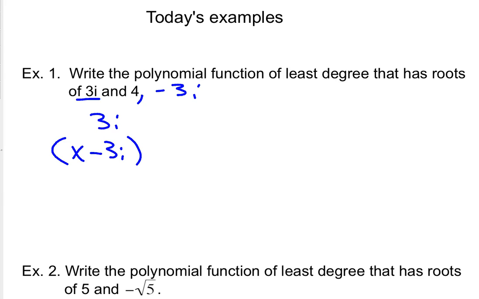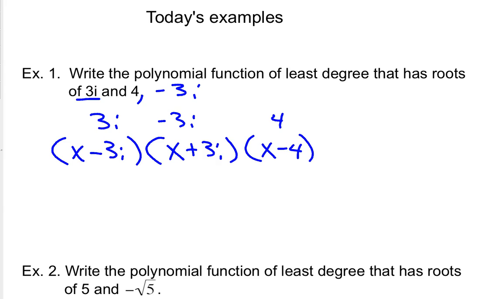Then I would use the negative 3i next. If negative 3i is a root or a 0, then x plus 3i is a factor. Finally, you also have the 4 there. Don't forget about that. If 4 is a 0, then x minus 4 is a factor.